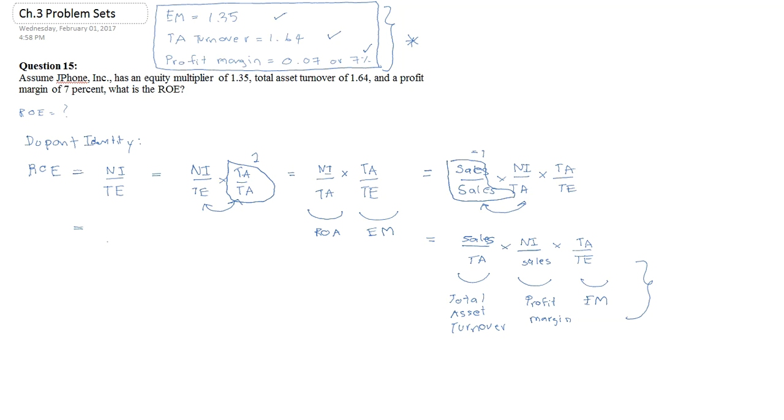the DuPont identity gives us. So basically, let's start with this one because I don't have space there.